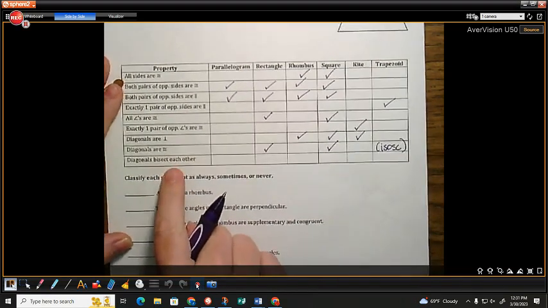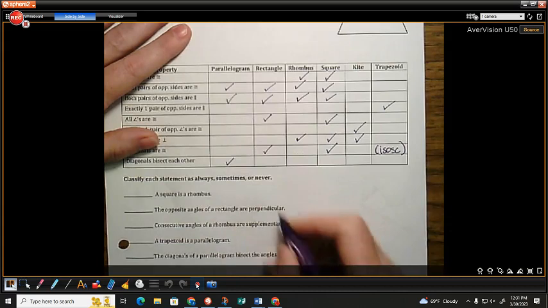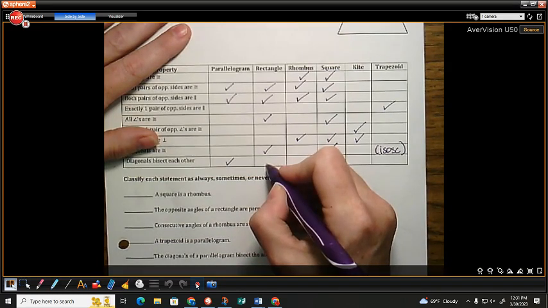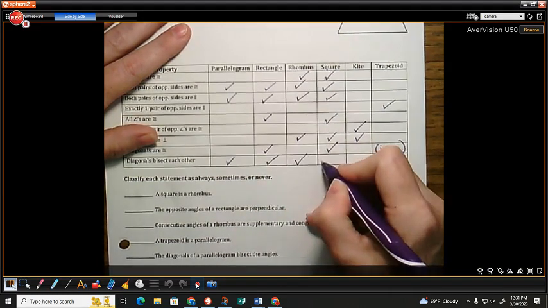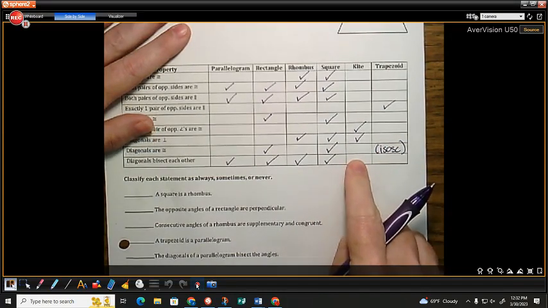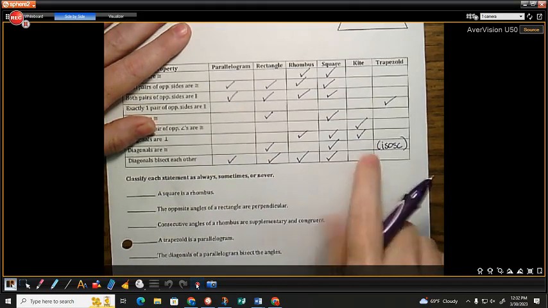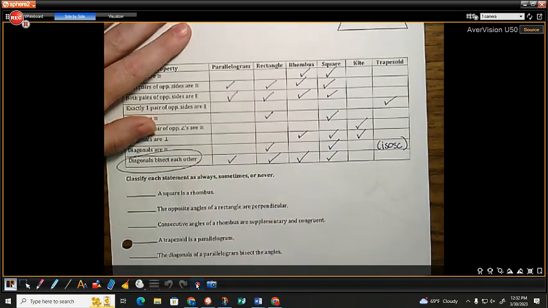Which ones have both diagonals bisecting each other? All the parallelograms, which includes rectangles, rhombuses, and squares. What about the kites? No. They only have one diagonal that bisects the other. So you don't want to put kites there because this is including all of them.